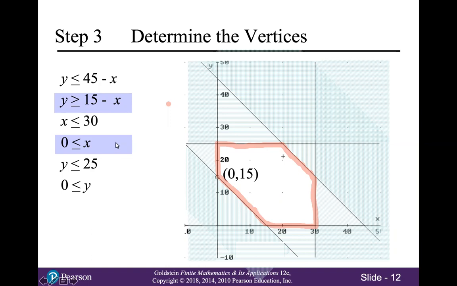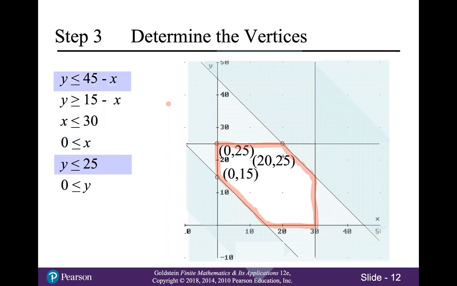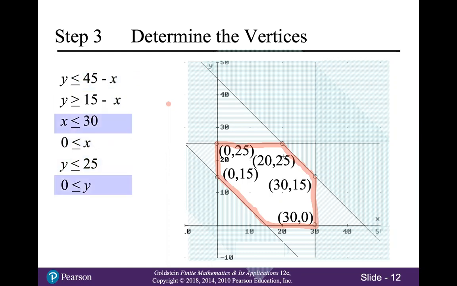All right, so the intersection of these 2 lines is 0, 15. Of these 2 is 0, 25. We also have 20, 25, 30, 15, 30, 0, and 15, 0. So those are our 6 vertices.